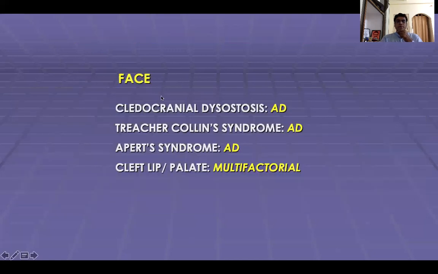The anomalies of face due to these genetic or chromosomal aberrations are cleidocranial dysostosis, which is autosomal dominant, Treacher Collins syndrome autosomal dominant, Apert syndrome also is autosomal dominant, whereas cleft lip palate, as mentioned before, is a multifactorial type of inheritance.